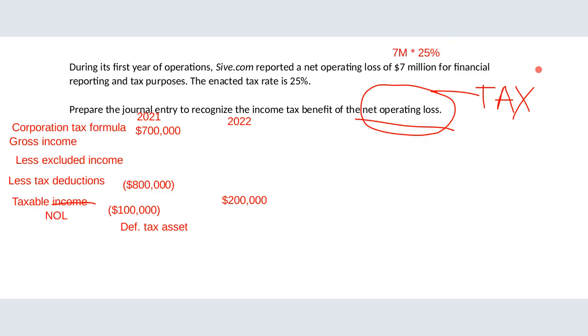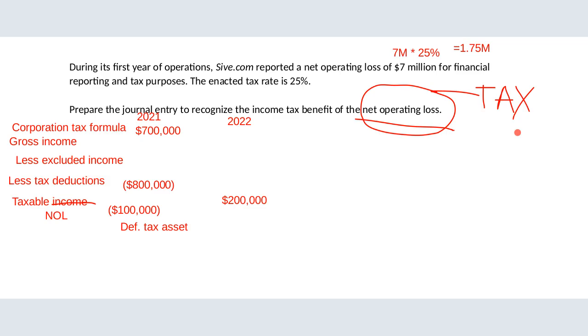If we take 7 million multiplied by 25%, that's 1.75 million. So this is going to be our deferred tax asset. I think there was a zero balance at the beginning of the deferred tax asset account. At least they didn't really tell us anything. Oh, they told us it was the first year of operation, so of course it's going to be a zero balance.